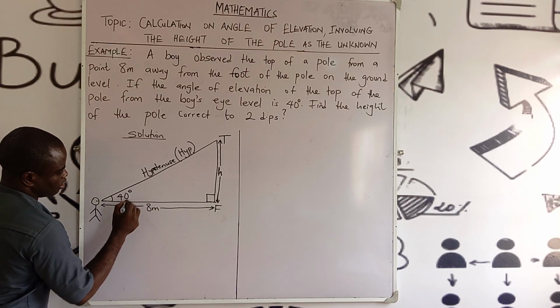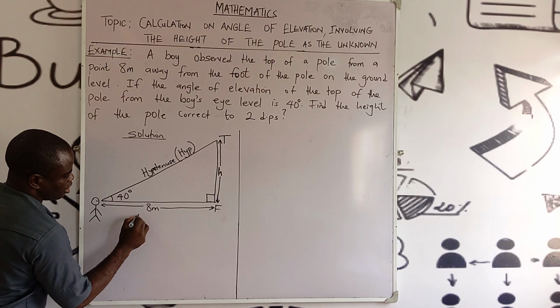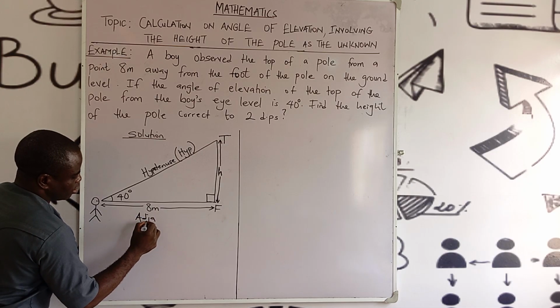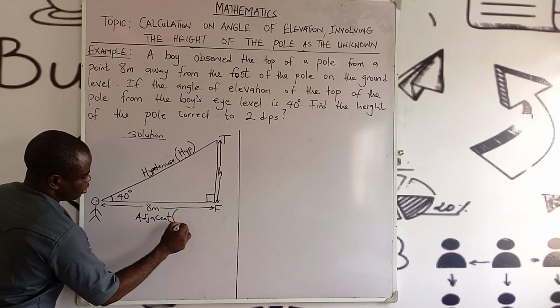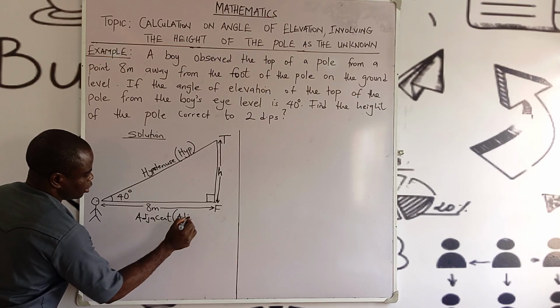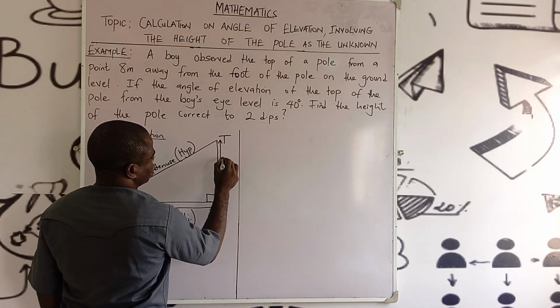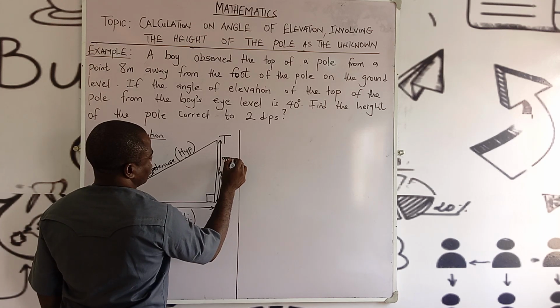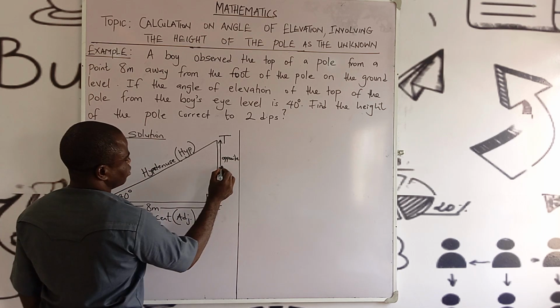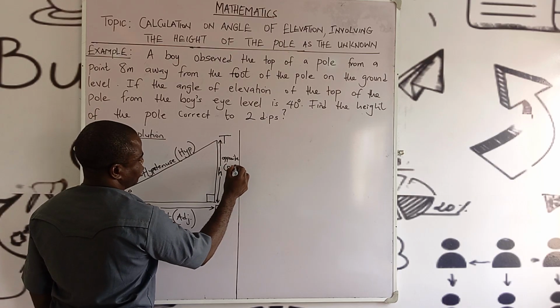And the downside is the adjacent, ADJ as the short form of it, and this is the opposite to this angle. They use OPP.